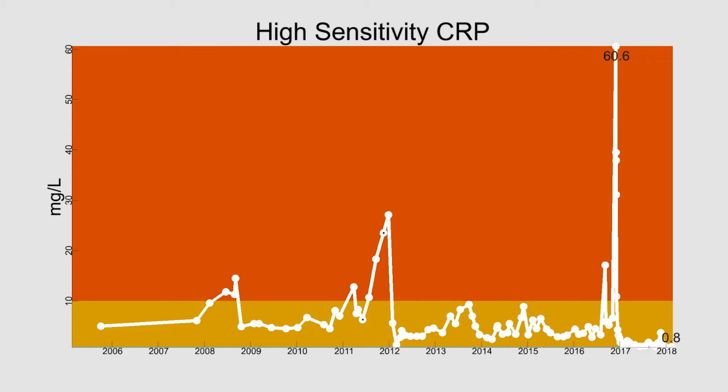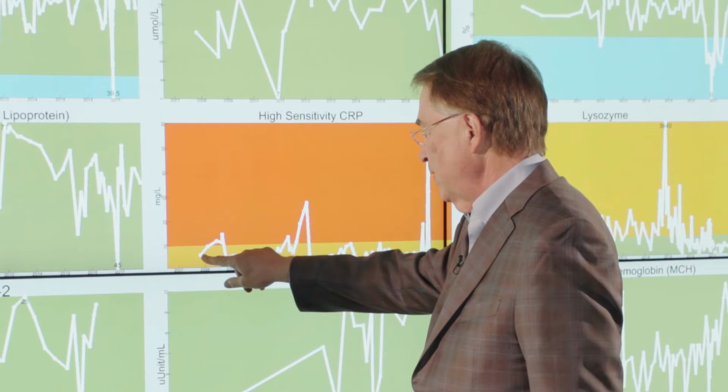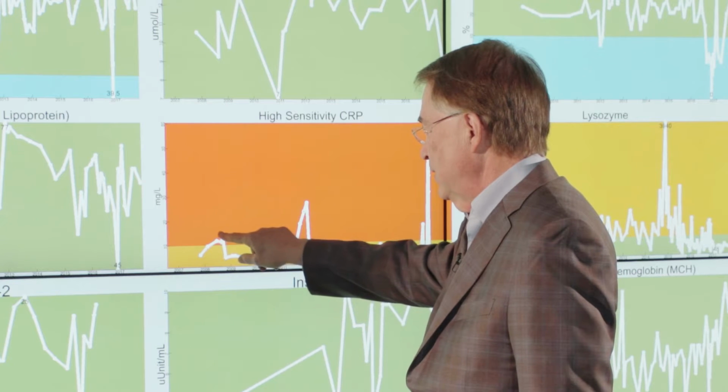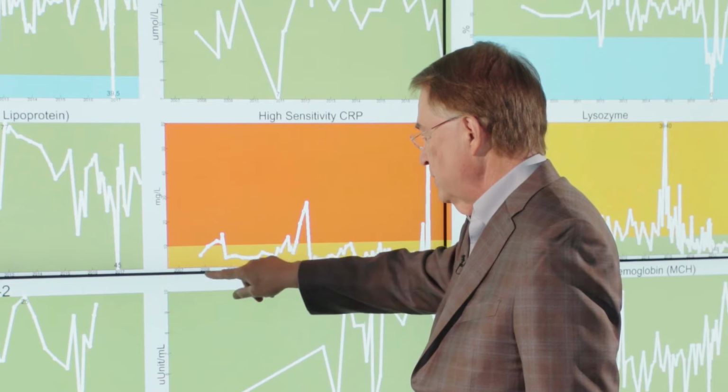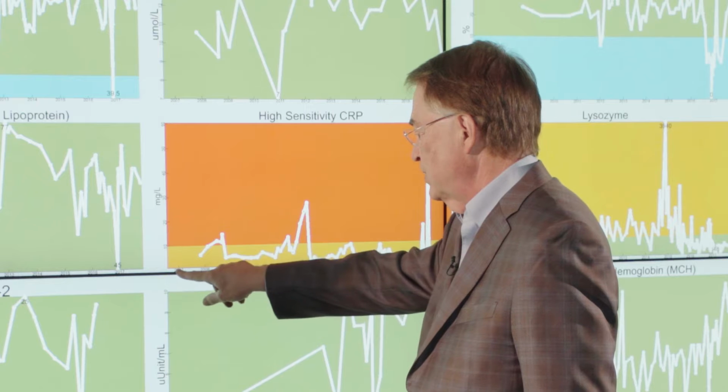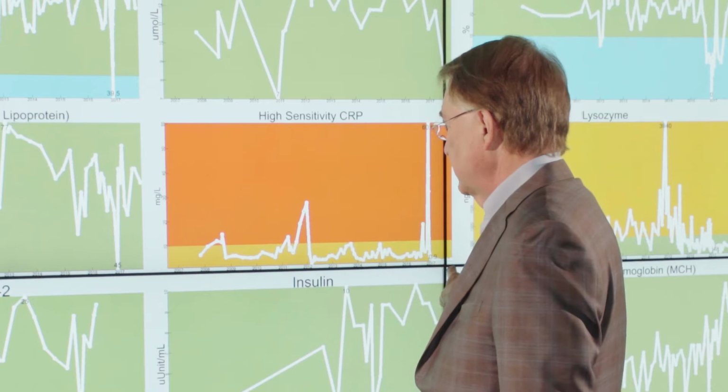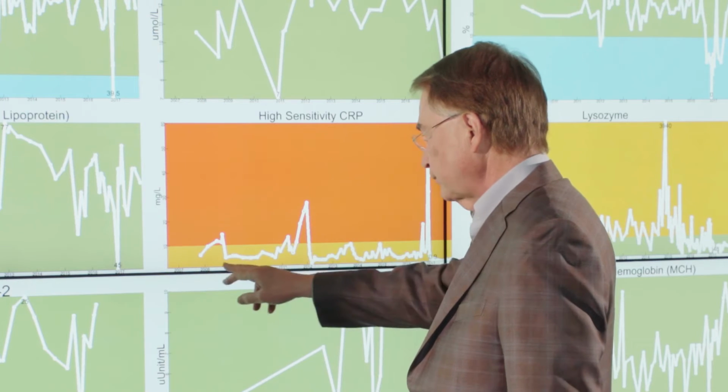I'm at least always 1 to 10 times higher than I should be, or in the orange, which is 10 to 100 times higher. And so I'm seeing myself here at 5, 10, 15 over just a short period of time, and this is 2008. So this goes from 2007 till today in 2018.